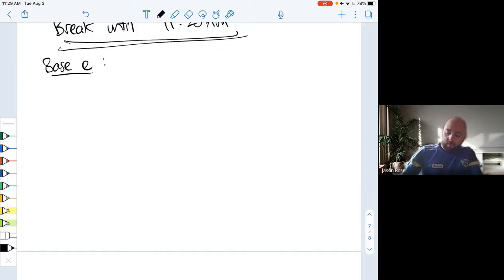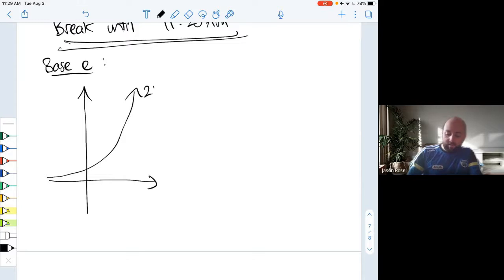So you remember we talked about 2 to the x. If 2 to the x looks something like that, then 2.7 to the power of x, or as we're now thinking of it, e to the x, since e is a little bigger than 2, it will be a little lower down here, and it will increase a little faster here.